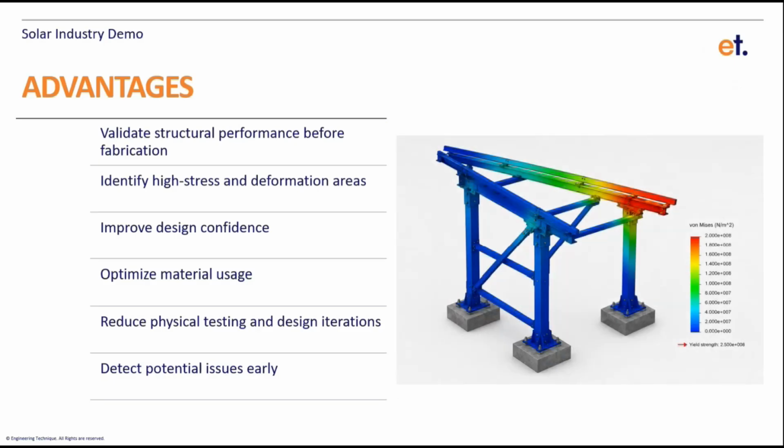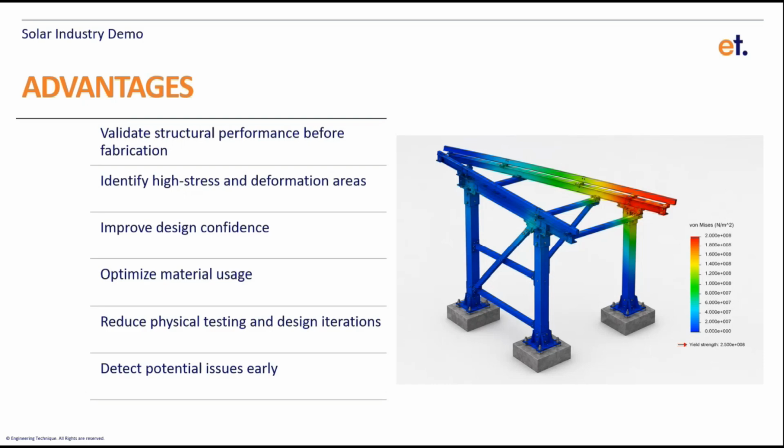So the advantages that we get from this is we can validate the structure at an early stage before it is fabricated in real life. So it reduces the error and material wastage. You can obtain the optimum material which is applicable to your product, so it will be able to sustain maximum load capacity and wind performance.